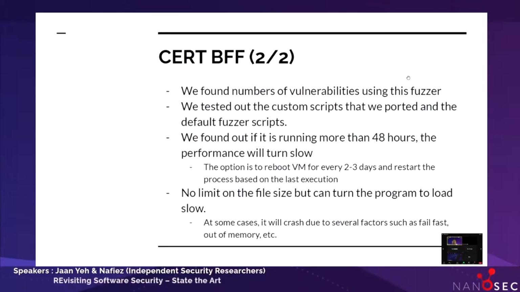Thus, our workaround is to reboot the VM every 2 to 3 days and restart the process based on the last executions. It doesn't have limits on file size, but bigger files will slow it down. In some cases, it will crash due to several factors such as fail fast and out of memory.